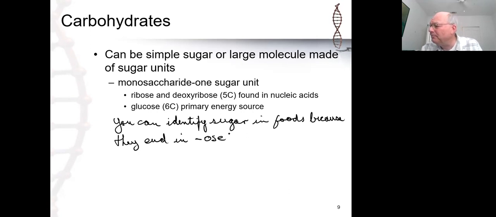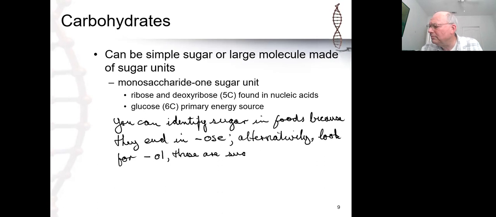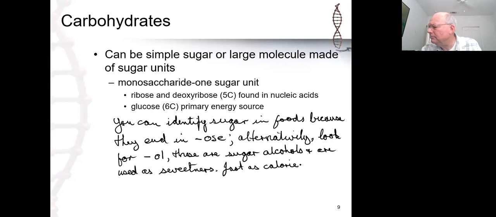The other thing that you might see: the two that you're most likely to see here that end in OL, these sugar alcohols, are sorbitol and mannitol.